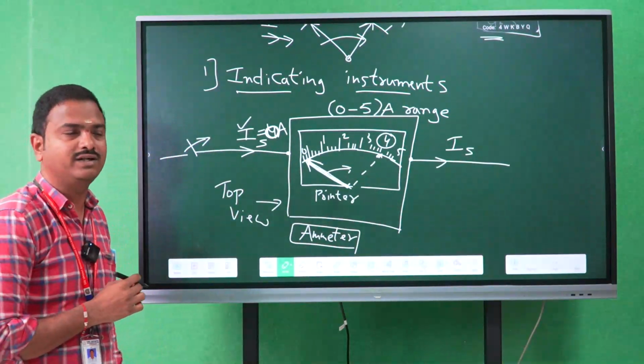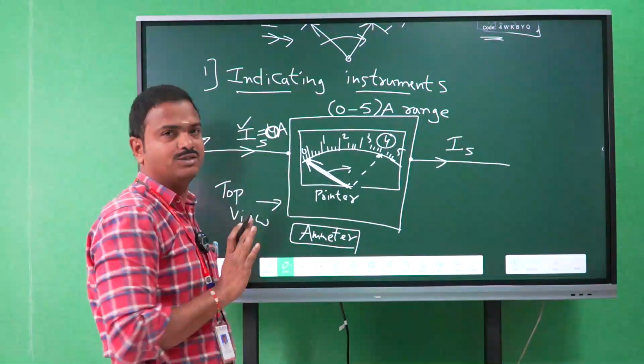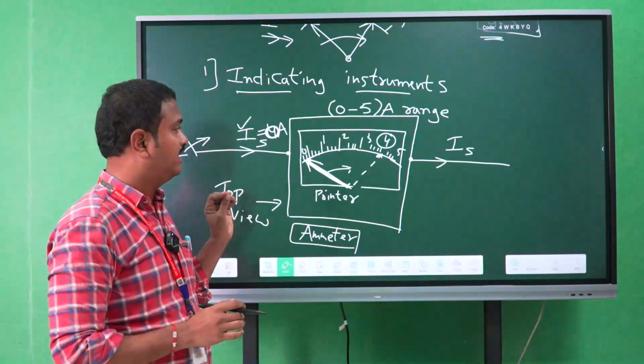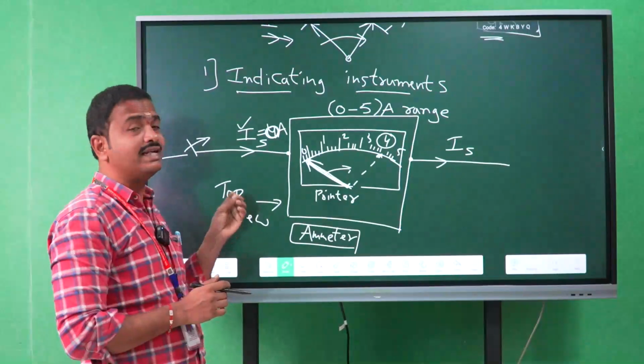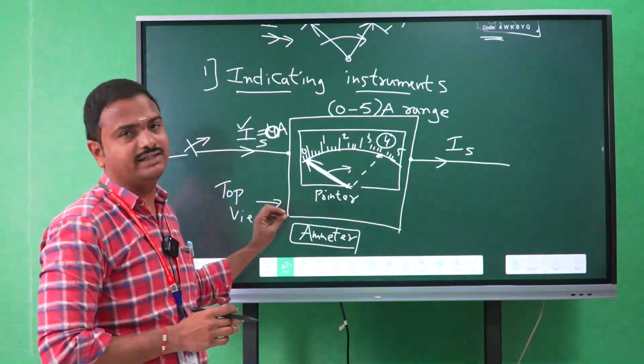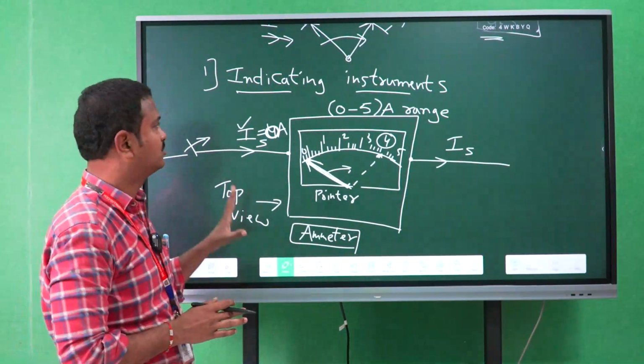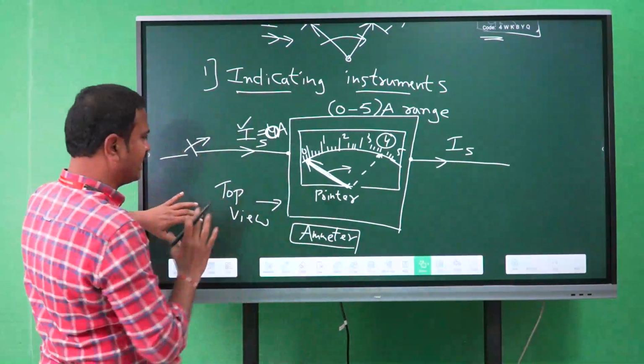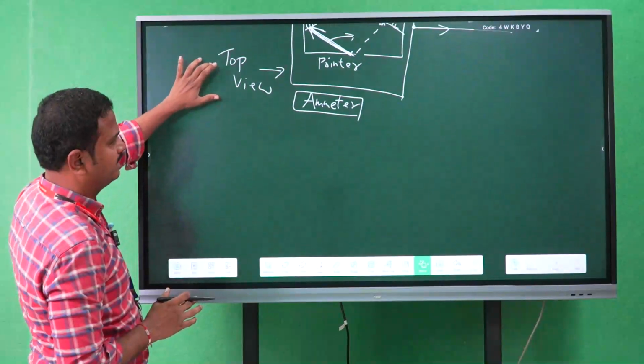This is called an indicating instrument. Indicating instruments are the instruments which measure the electrical quantity instantaneously whenever they are connected in a circuit. This is the practical ammeter diagram.